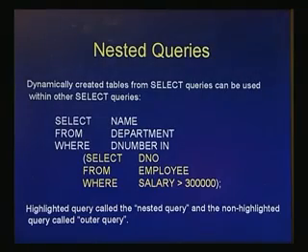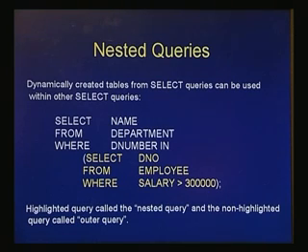So the slide here shows such an example where a query has 2 different parts in it. For the sake of convenience, they are shown in 2 different colors, white and yellow. There is an outer query, which says select name from department, that is, select the names of departments where d number in.